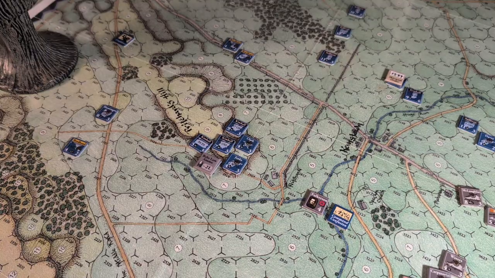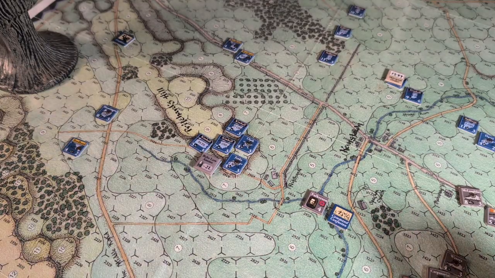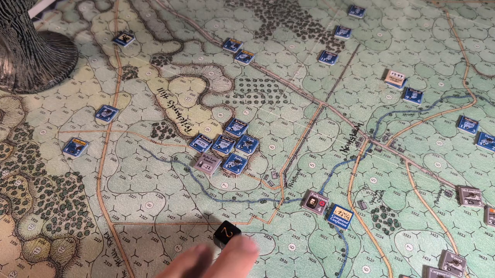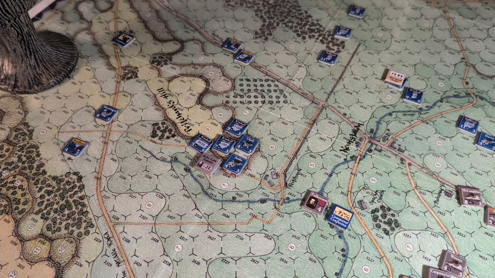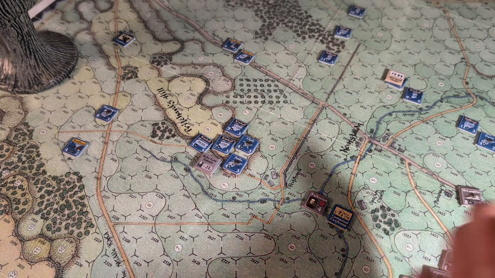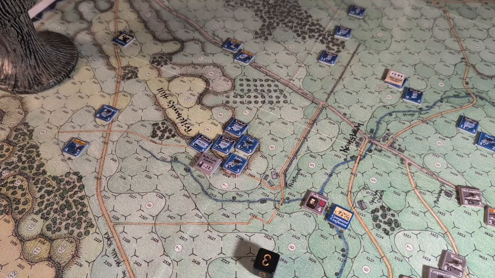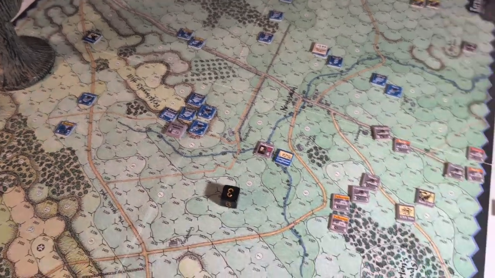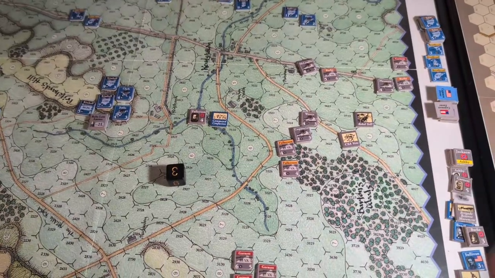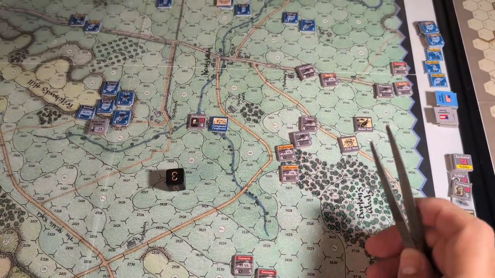Okay, so let's see. First, he's got to pass. And he did. He got a 2. So now we roll to see what his order actually is. 3. The activated brigade is under a defend order. All right, with a defend order, he can only move 2 hexes, or he has 2 movement. Not 2 hexes, but 2 movement. So Fulkerson only has these 2 guys right here.